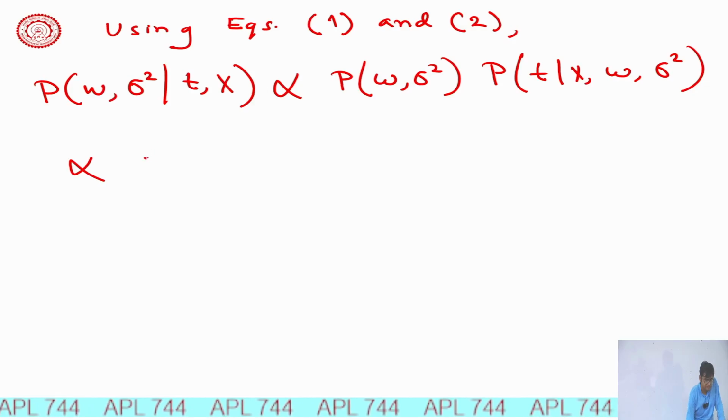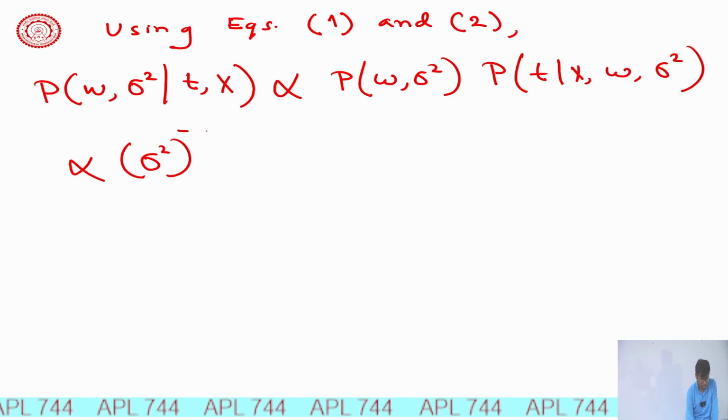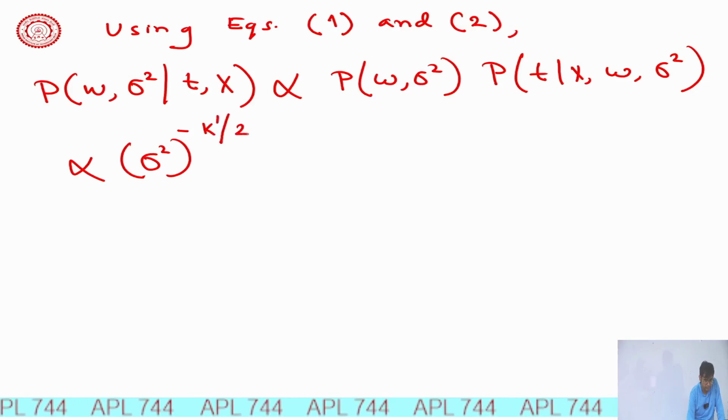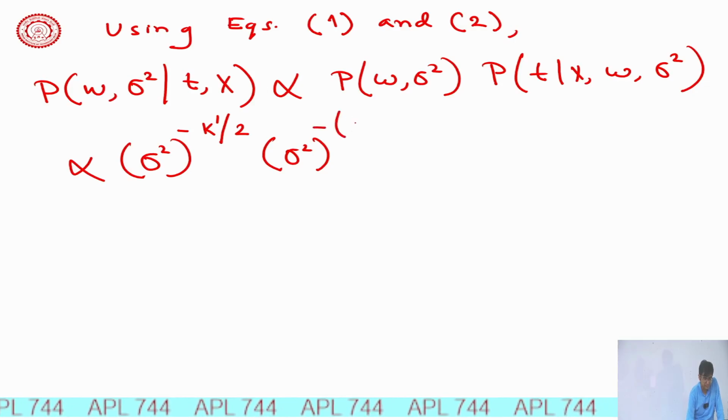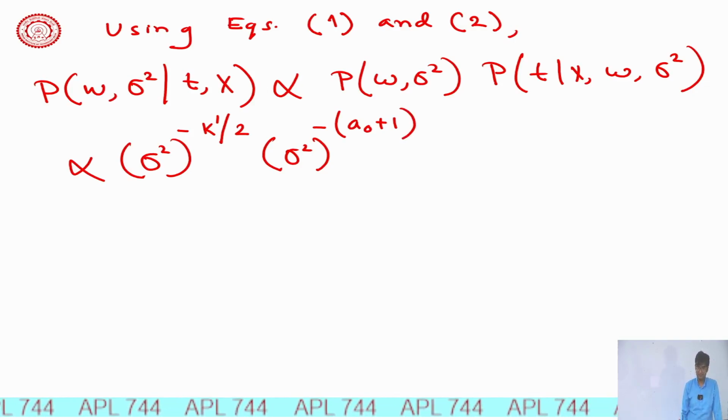So, sigma square will be to the power minus k dash by 2 and then sigma square to the power minus a naught plus 1. Okay. This is only prior I am talking about, remember.